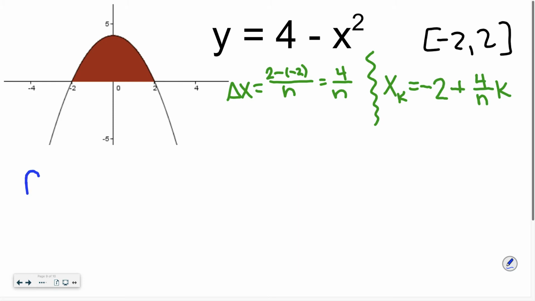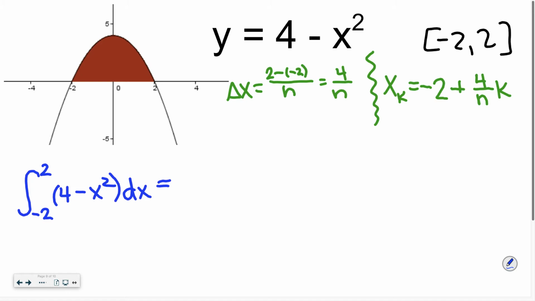Okay, so we know that the integral from -2 to 2 of 4 minus x squared dx means... So when you first put down x sub k, you always write on the right hand. So does that not matter? It's like we choose the left.